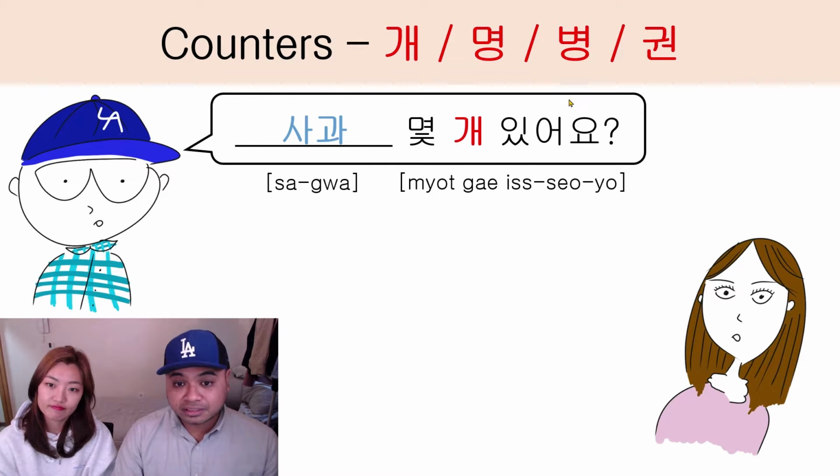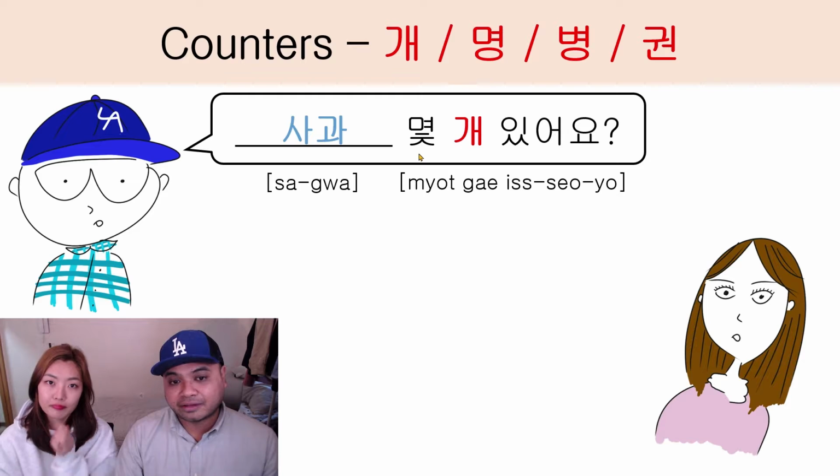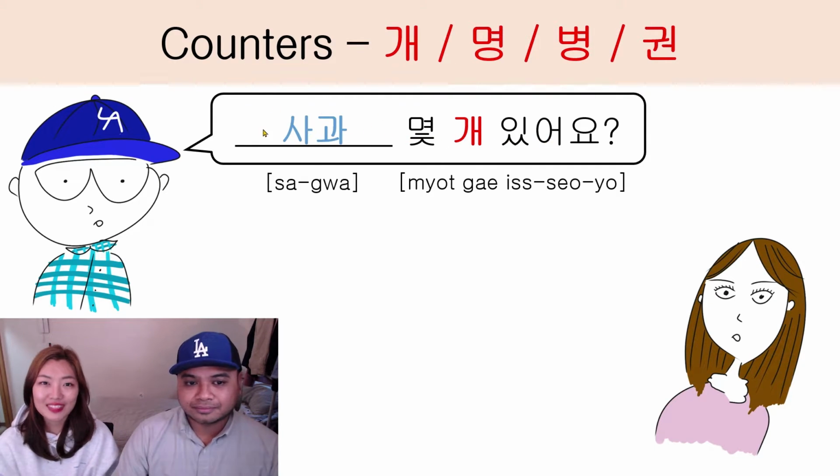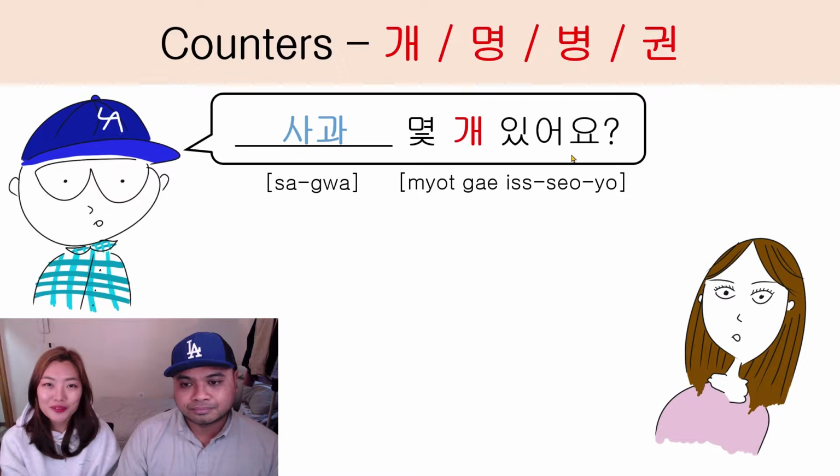And so this question is asking, how many apples do you have? For this, I'm using the 개 counter. 사과 is not a person, it's not a bottle, and it's not a book. So I'm just gonna use 개. So 사과 몇 개 있어요?